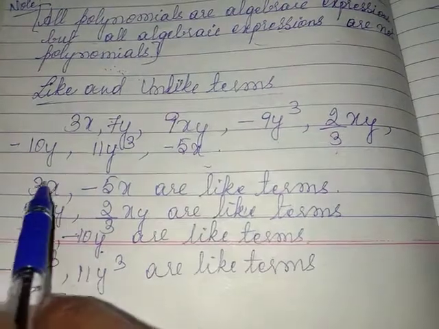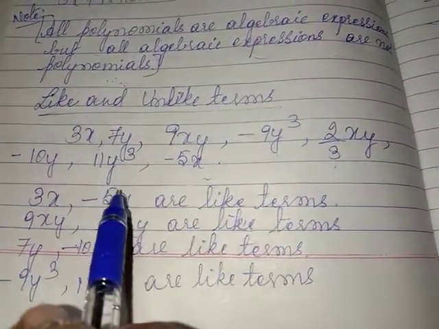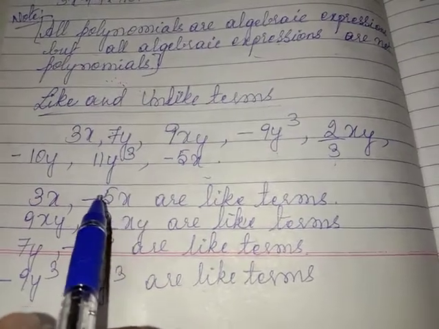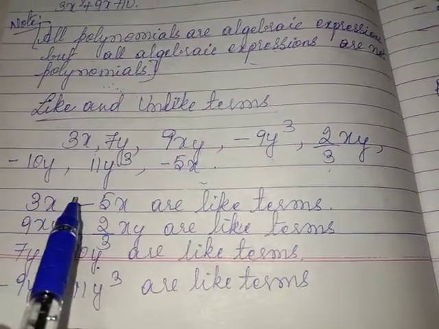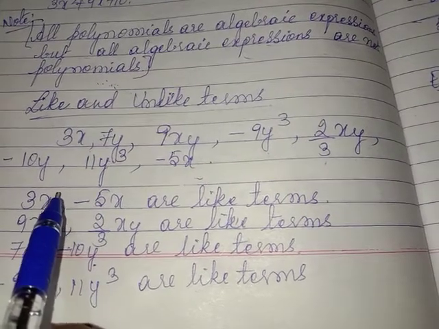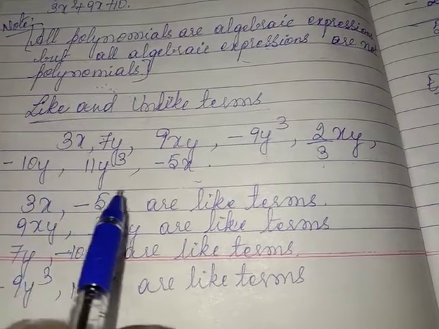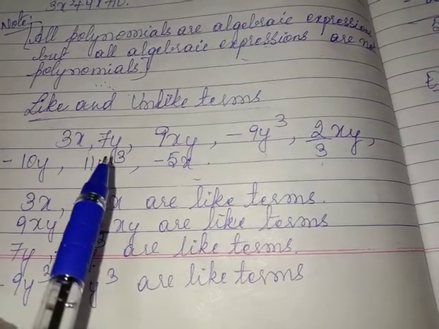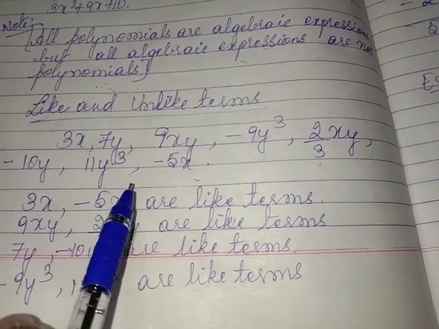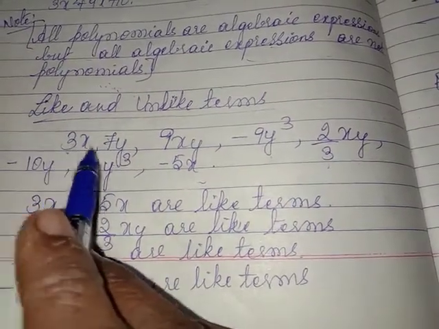Which are the like terms? We have to group them. Terms which contain the same variables are called like terms. Which contain different variables are called what? Unlike terms.